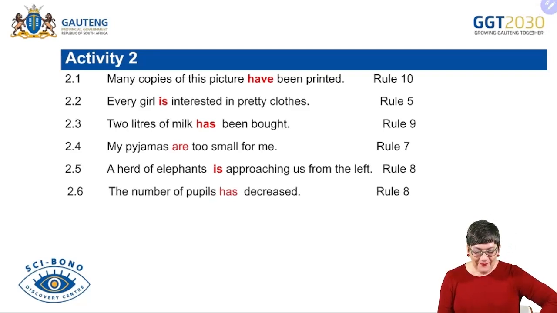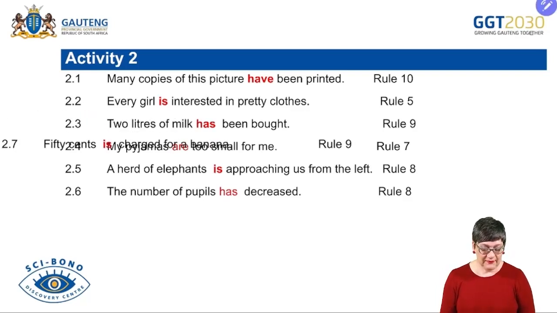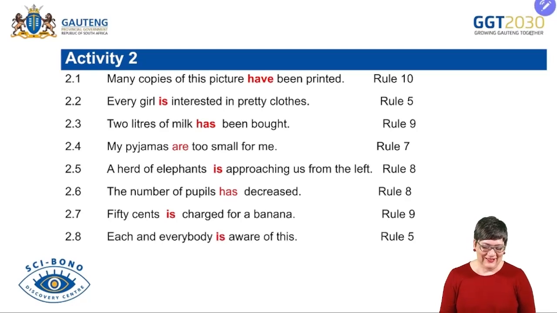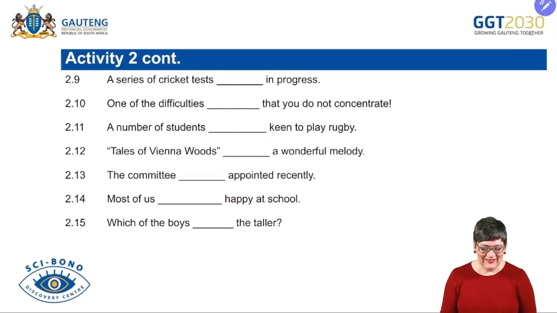A number, now be careful with this one. The number is singular. A number will be plural. Right. And 50 cents, one singular. And each and everybody, still singular. Right.